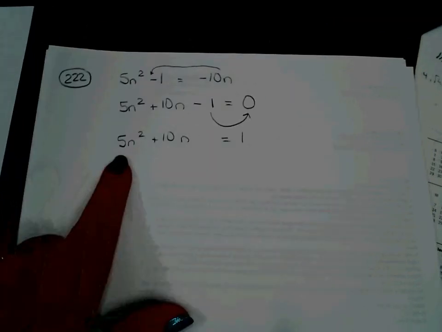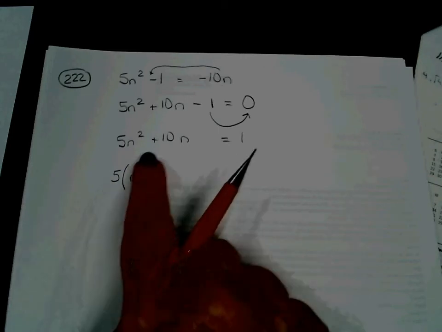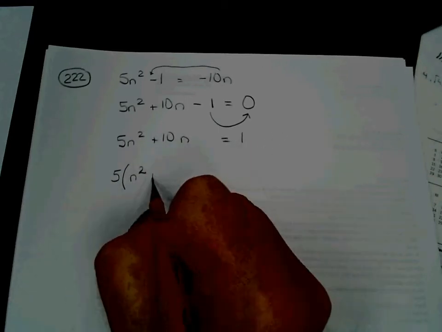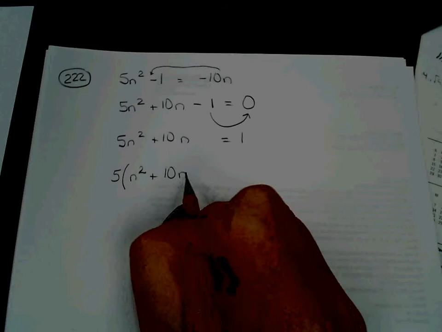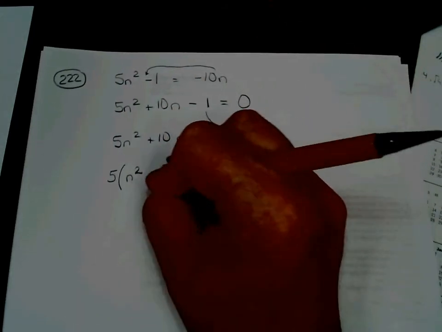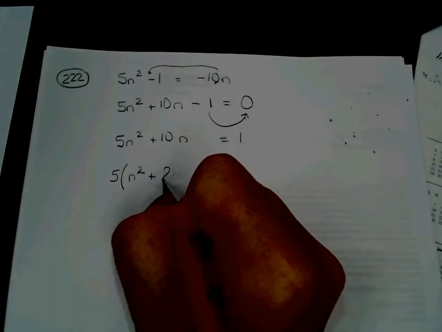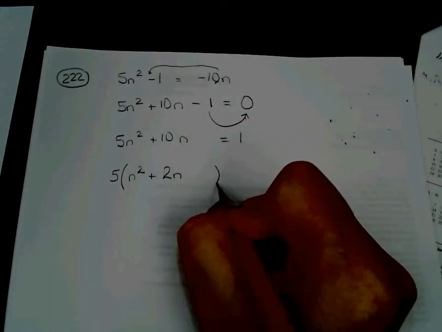Take this 5 and factor it out of 5n squared. You're doing GCF. And factor it out of 10n. Now, I just said you're doing GCF, but you are not pulling out the n because you need the n in order to do the completing the square.